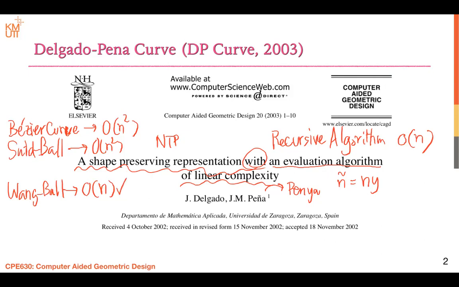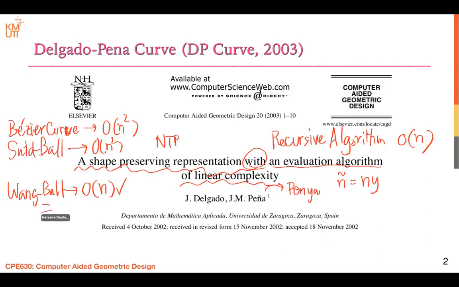But the con for the Wang-Ball curve is that Wang-Ball is not shape preserving. The Wang-Ball curve does not possess a shape preserving representation.